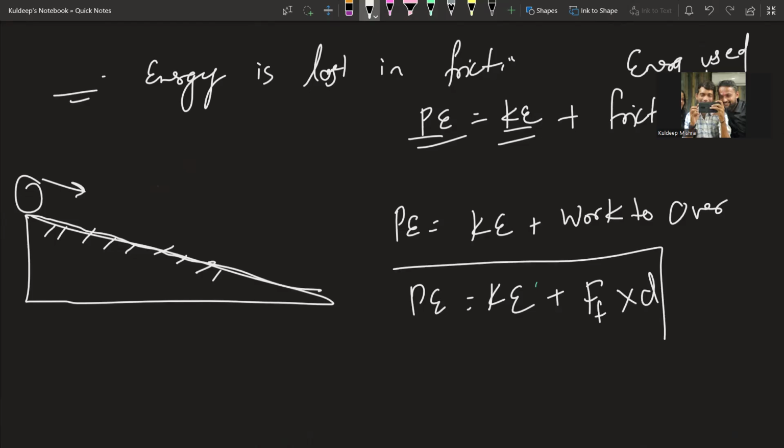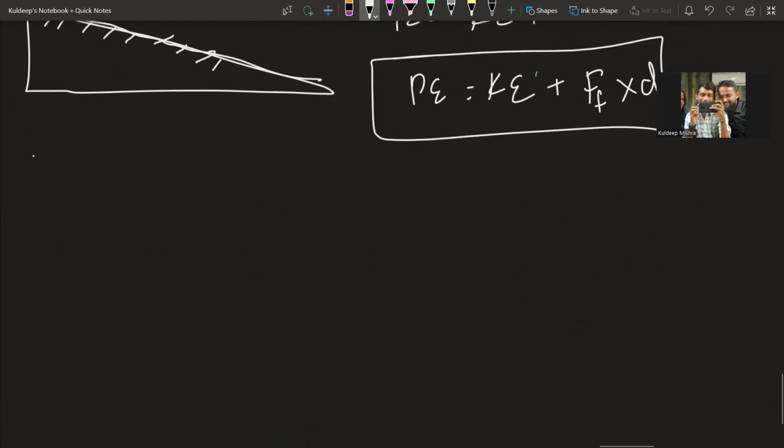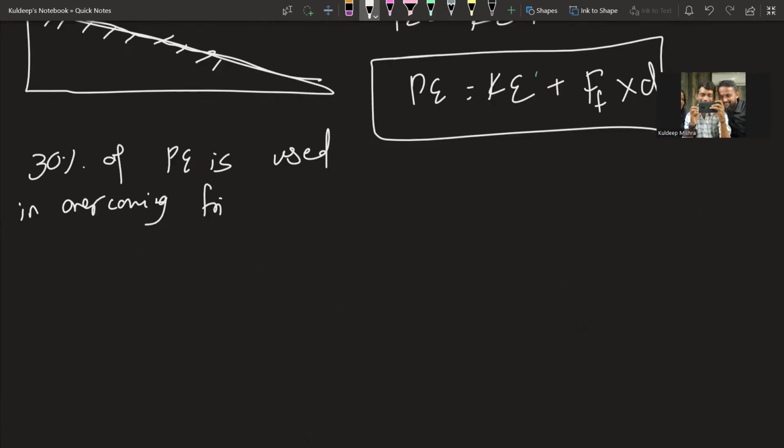Okay. Always remember, because then what do they say? They say that sometimes in a question they say that 30% of potential energy is used in overcoming friction. So you find the kinetic energy when the ball reaches here, okay? So in this, you can't take potential equal to kinetic.